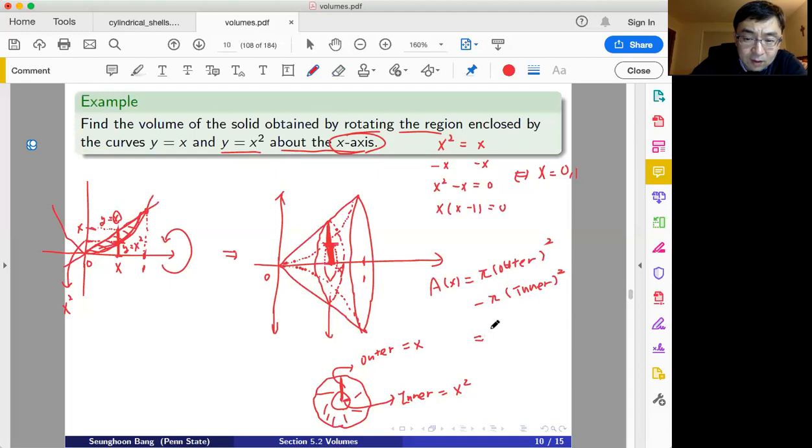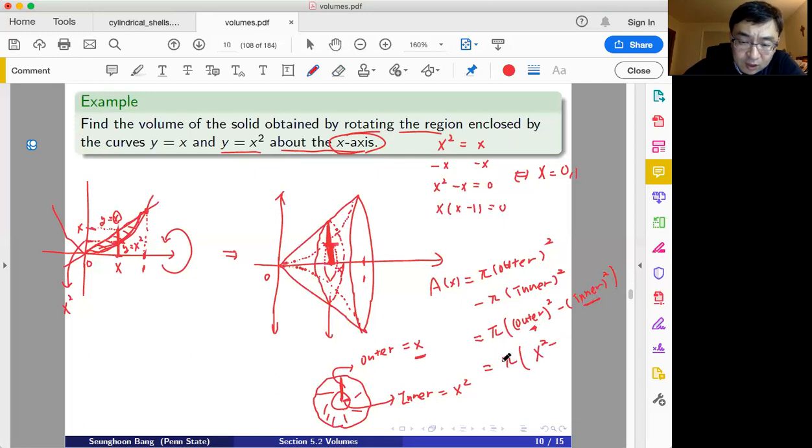So we have a factor of pi: the outer radius squared minus the inner radius squared. This one, you can plug in. Pi times the outer radius, which is x, plugged in here, just x squared.